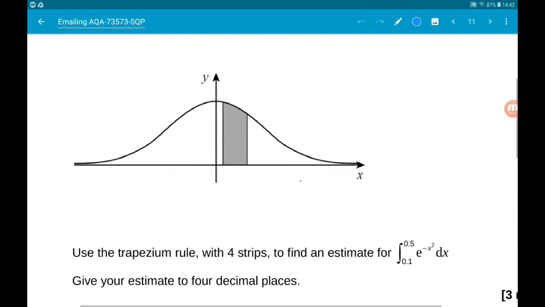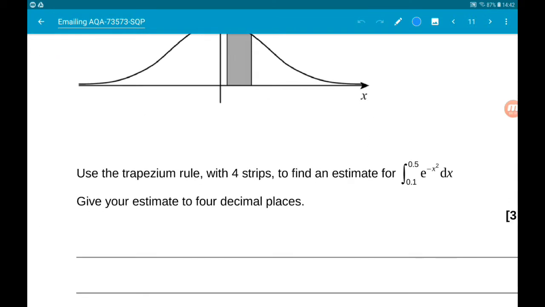We want to use the trapezium rule with 4 strips, so that means 5 ordinates, to work out an estimate of the integral between 0.1 and 0.5 of e to the minus x squared with respect to x, giving our answer to 4 decimal places.